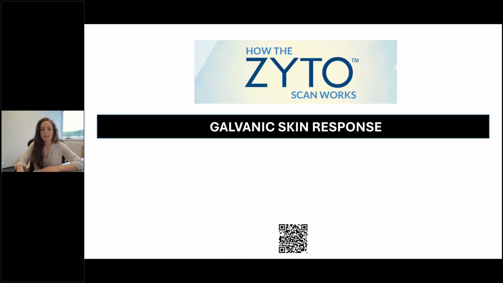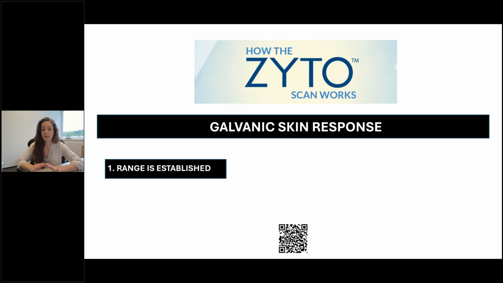The first thing we establish is your range. The range is, and I'm going to use some Zyto vocabulary here. I'm also going to explain it, but just so you know, some of these words are pretty unique to Zyto. And if you have any questions about any of this later on, feel free to ask me, to contact me directly.